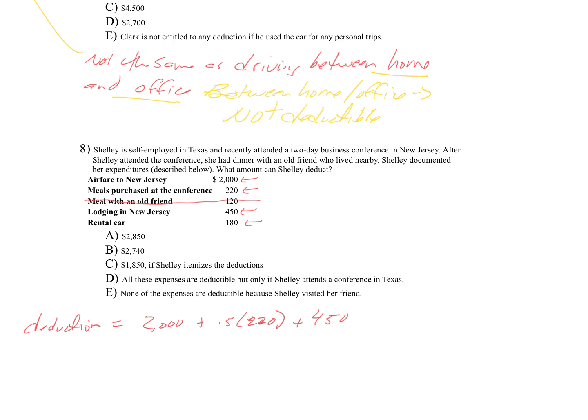Rental car: yes, she does in fact get to deduct her rental car. And when you total all of those up, you get $2,740. And so B is our correct answer. Okay, so that is number 8.